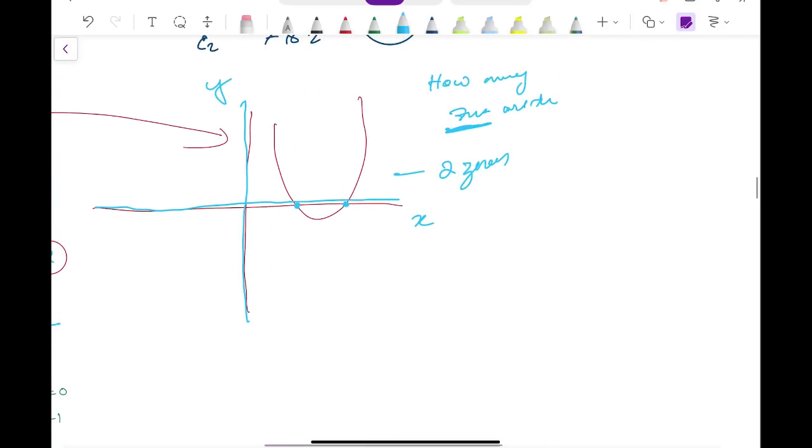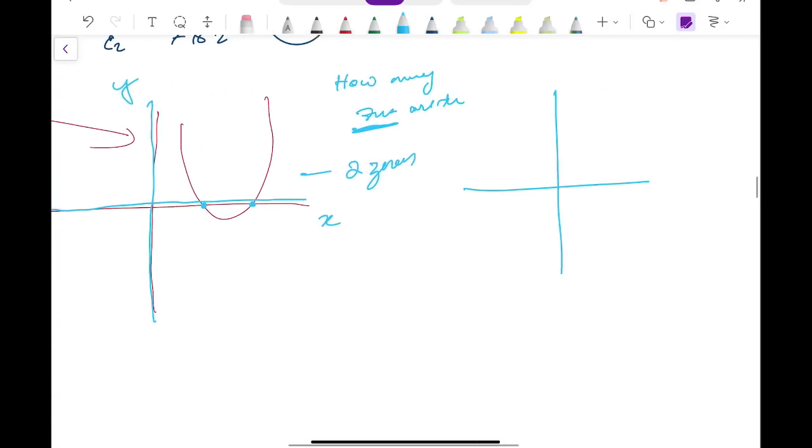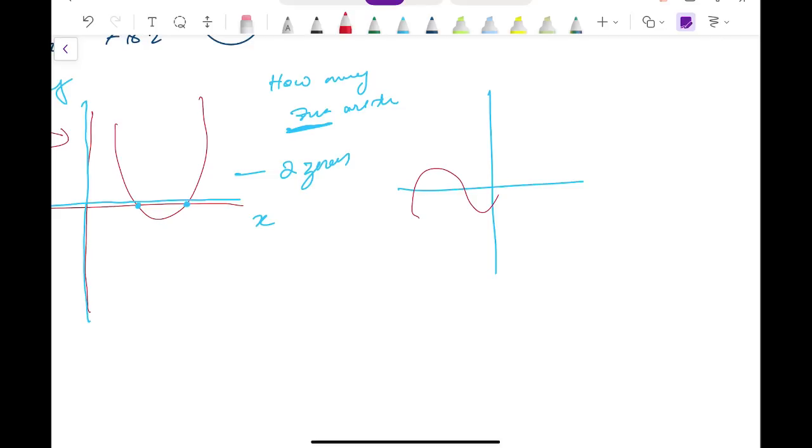What if the curve was like this? Then you look around. The curve is touching the x-axis 1, 2, 3, 4, and 5 times. That means it will have 5 zeros.